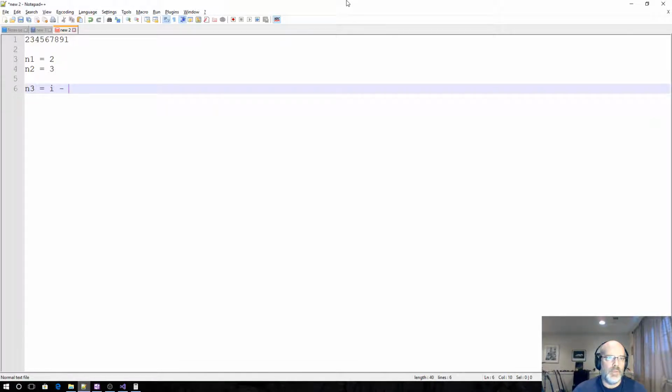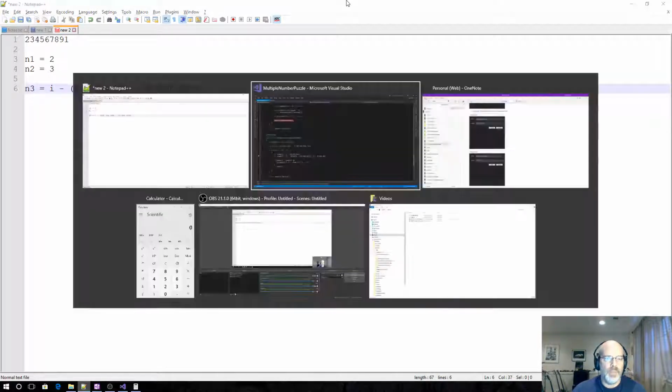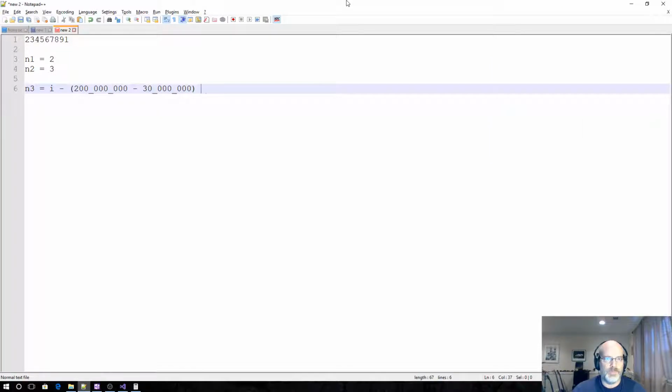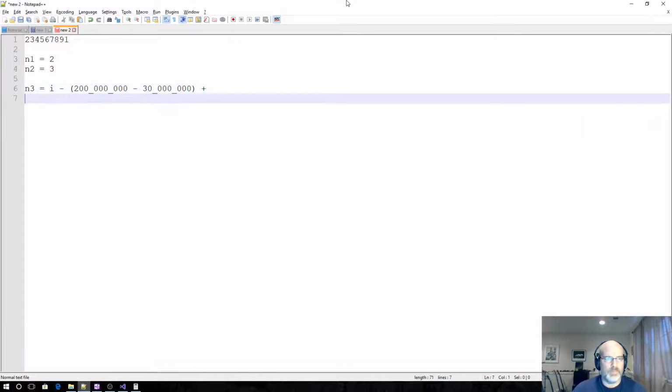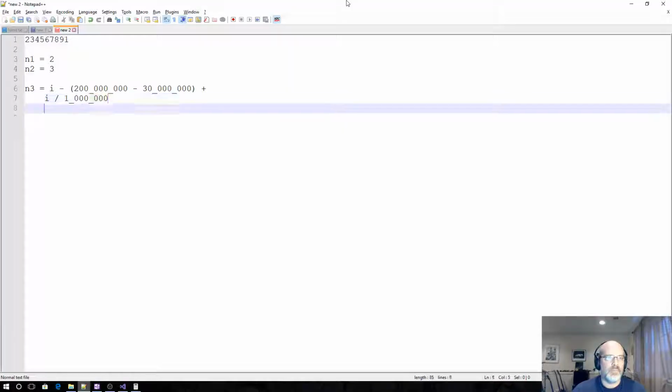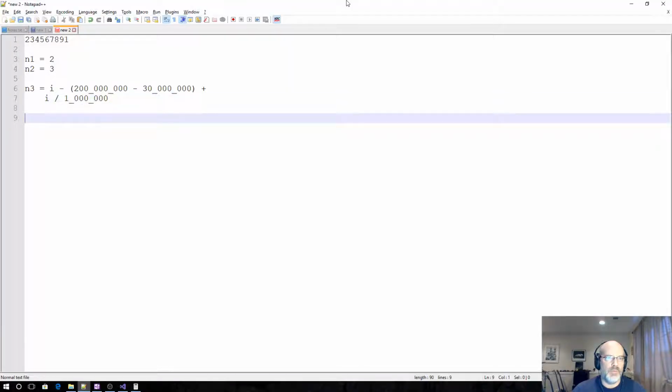I minus 200 minus 30 and then it's the plus, right? Yeah, plus I divided by, now in this case it's 1 billion. And then you see if n is equal to that and that and that.